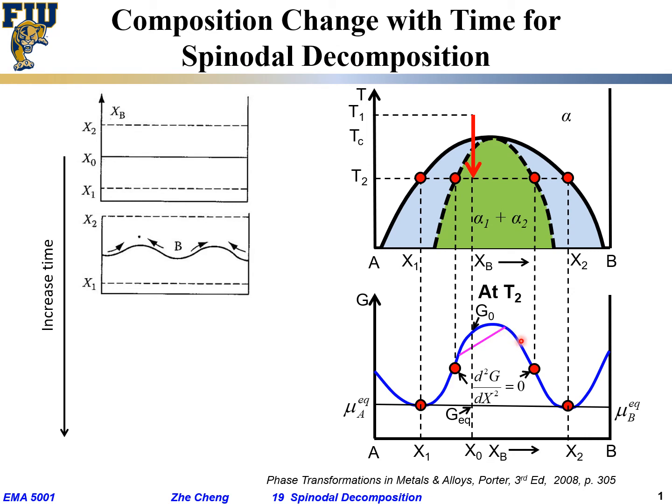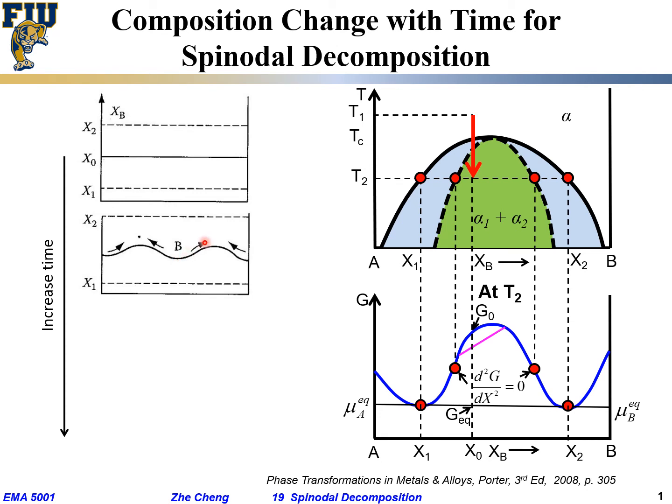Go up. Which means the leaner one, if it goes down, becomes further leaner. Make sense? It becomes leaner and leaner, while the richer part will continue to become richer and richer. That's why the solute atom is actually flowing from the so-called leaner part to the richer part.